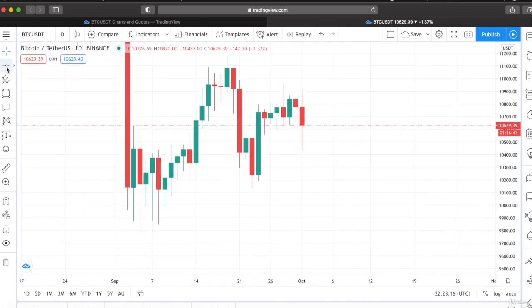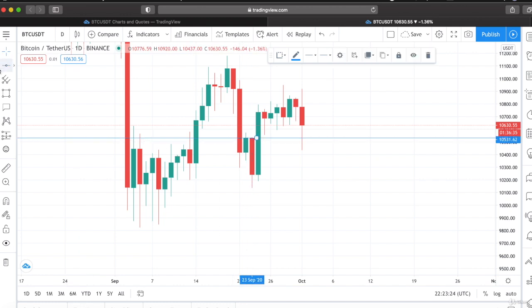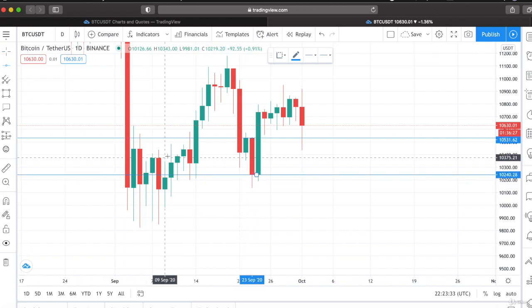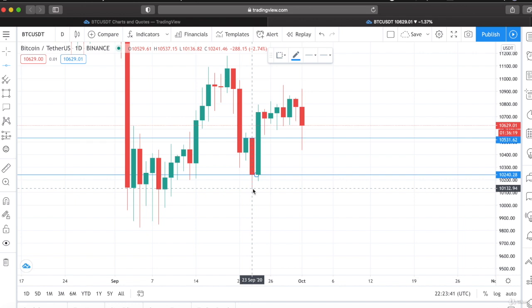The price on this specific day, 23 September 2020, opened at $10,531 and closed around $10,237. The price made almost no high, a small wick around $20 above, and the price made a low at $10,132. This was the low.